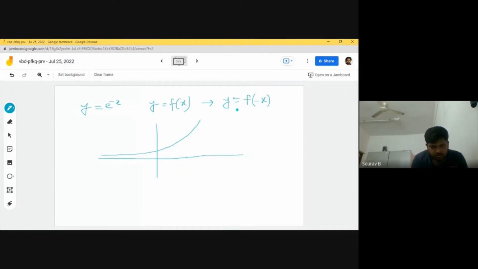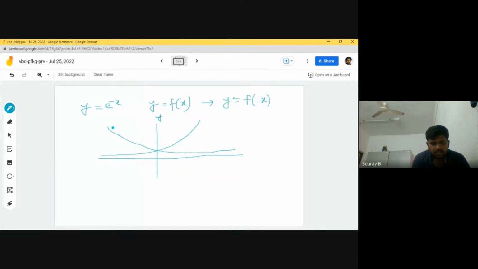To find out y equal to f of minus x, you have to imagine the y-axis as a mirror, and then you take the reflection of y equal to f of x in that mirror. Then you will get y equal to f of minus x. This thing you have to do.